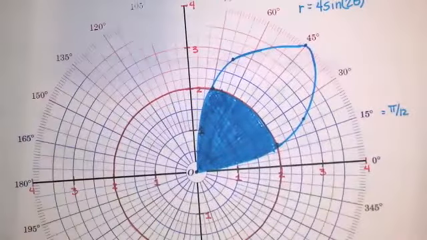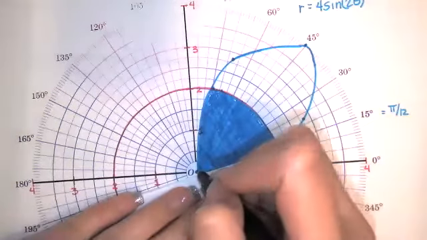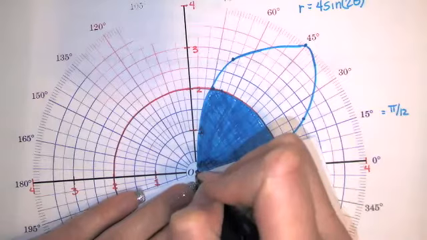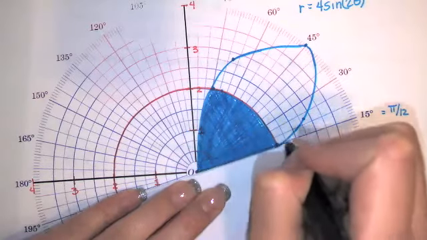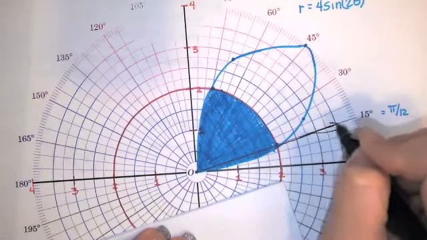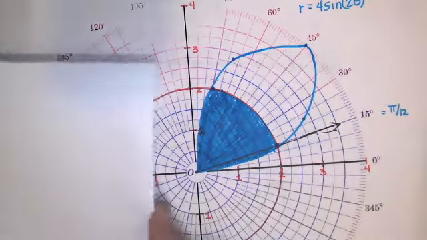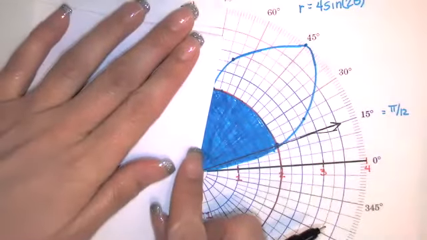But be careful. That line, theta equals pi over 12, looks like that, super straight. And the line theta equals 5 pi over 12 looks like this.